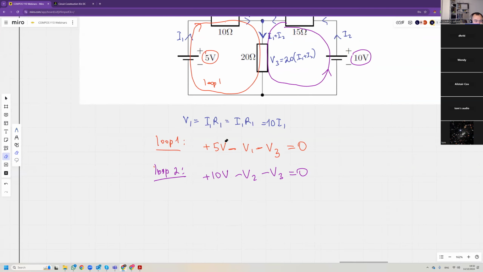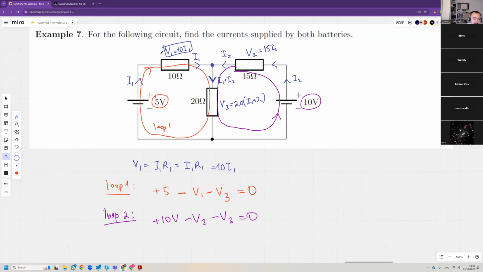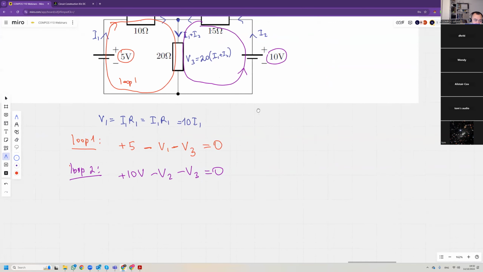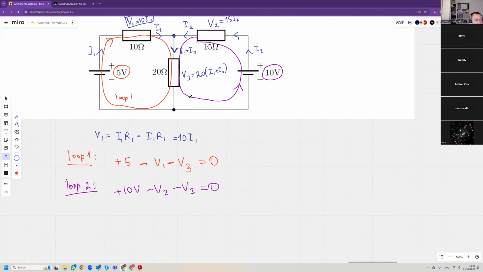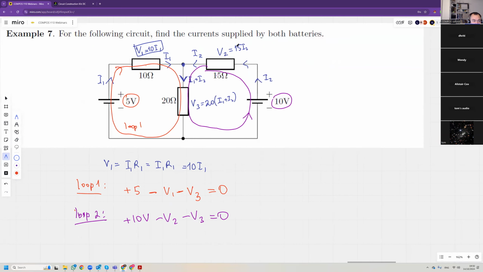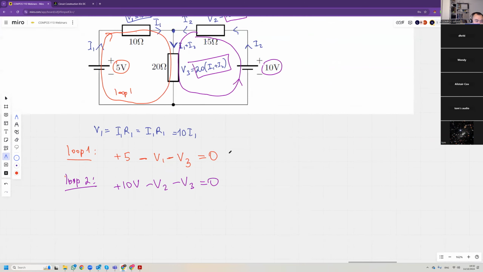So from here, we have 3 unknowns. So we can't solve the 2 equations. And if we do a third equation, that won't help, actually, as a matter of fact. But what we can do is remember that V1 is 10 I1, V2 is 15 I2, and substitute that in.